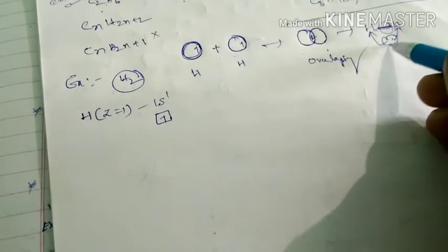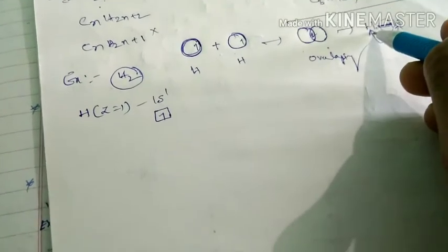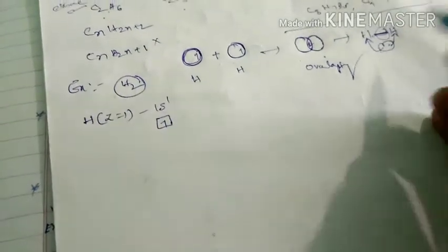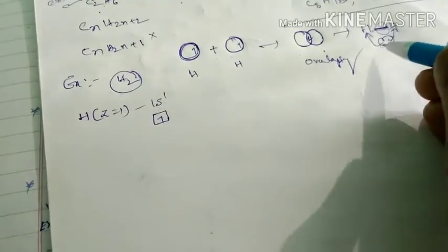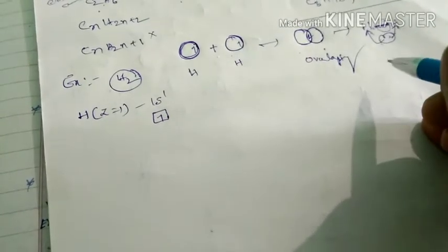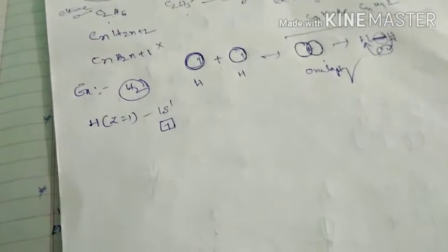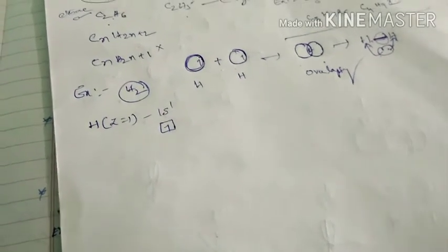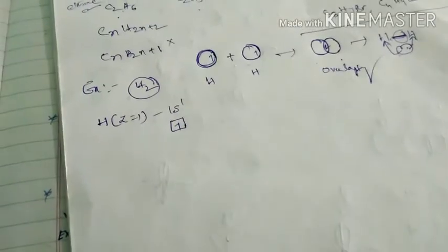That means these two electrons belong to this hydrogen atom as well as this hydrogen atom after forming the bond. That means this bond is formed by sharing of electrons. That is the meaning of sharing of electrons. Like that, covalent bond will be formed between any two atoms, not only these two atoms.